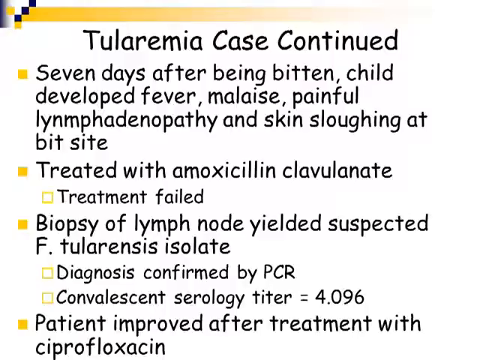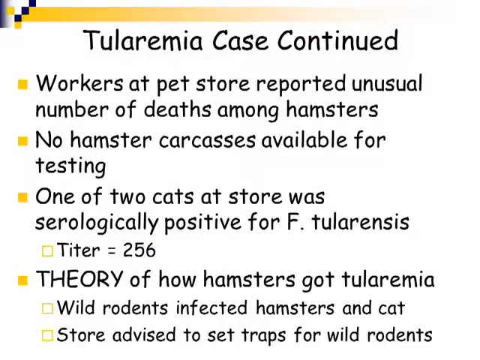This diagnosis was confirmed using polymerase chain reaction, and serology was done to see the titer, and there was a titer of 4,096 in the boy's serum. The patient improved after treatment with the correct antibiotic, which is ciprofloxacin.